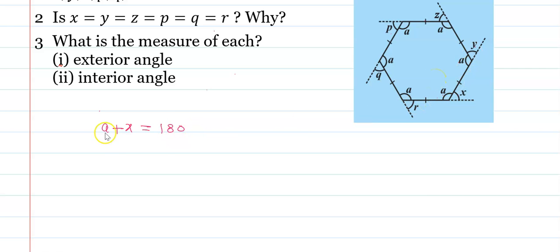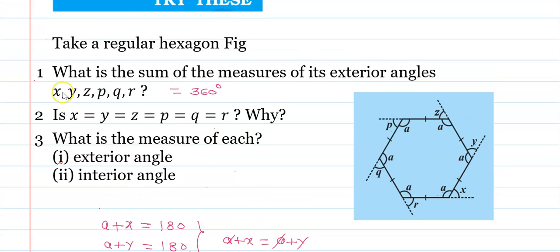Also a plus y equals 180. If we equate these, a plus x equals a plus y, this a gets cancelled and you get x equals y. In this way you can prove that z plus a equals 180 and y plus a equals 180, so they are equal, therefore z equals y, and hence the measures of all these exterior angles are equal.